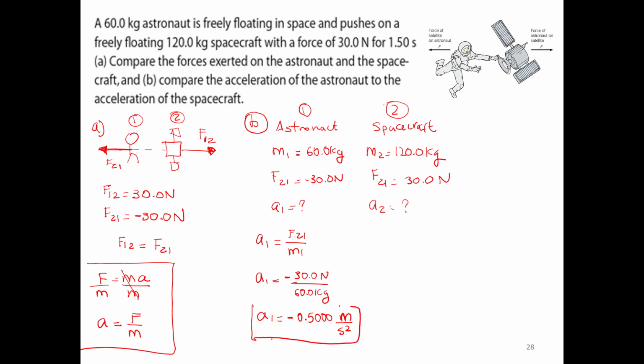And we had the acceleration for the astronaut, and now let's calculate the acceleration for the spacecraft. Then we will have 30 newtons divided by the mass, 2.1 kilograms, and the acceleration of the spacecraft will be 0.250 meters per second squared.